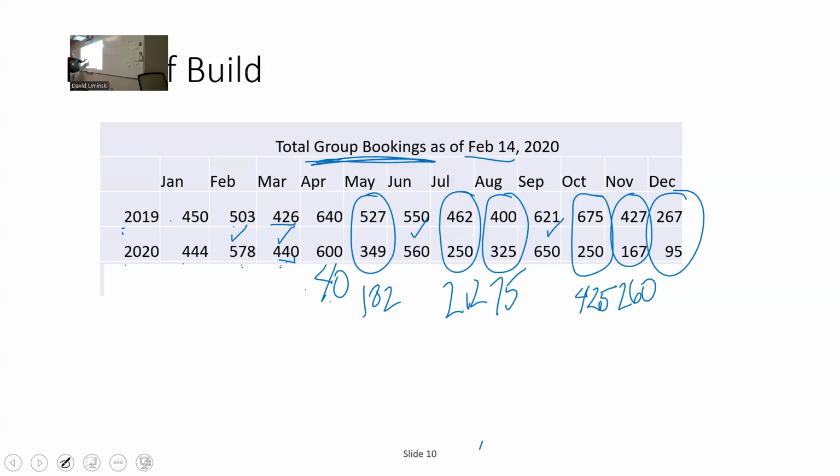If we look at the same thing for June, somebody says, hey, I'm calling for this June family reunion. Okay, great. June, I'm set. But if you would consider moving yours to July, if possible, then maybe instead of a comp rate of 1 to 50, I can give you a comp rate of 1 to 40. So that means you get more comp rooms based on the number of room nights you're going to book.